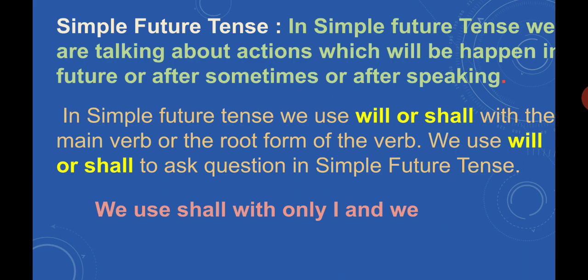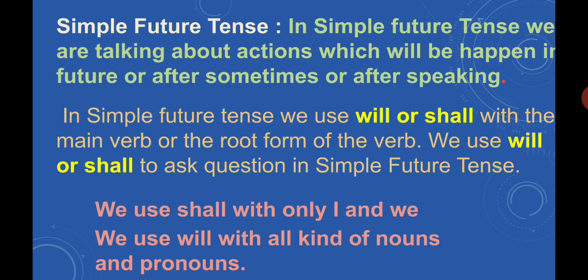Remember, we use shall only with I and we. We do not use shall with any other pronouns. Understand? And we use will with all the nouns and pronouns. We also use will with I and we.